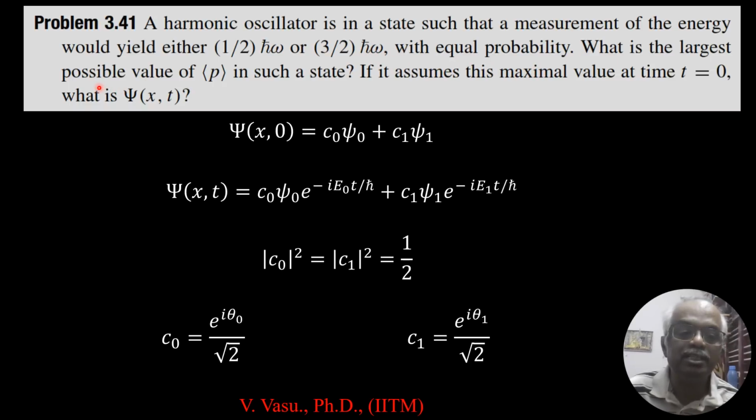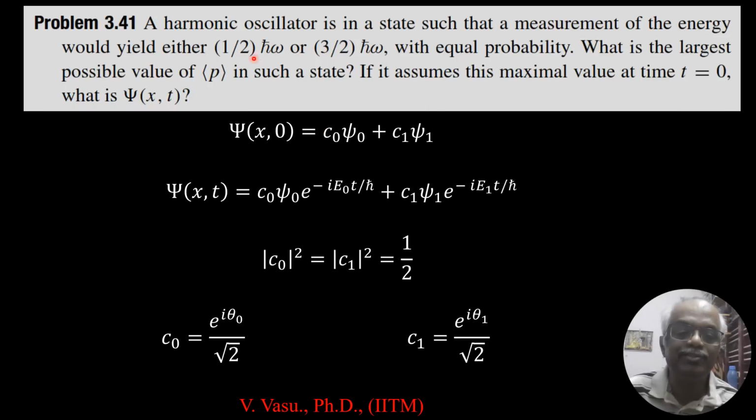What is the largest possible value of the expectation value of p in such a state? If it assumes this maximal value at t = 0, what is Ψ(x, t)? So we have to find the answer for this.